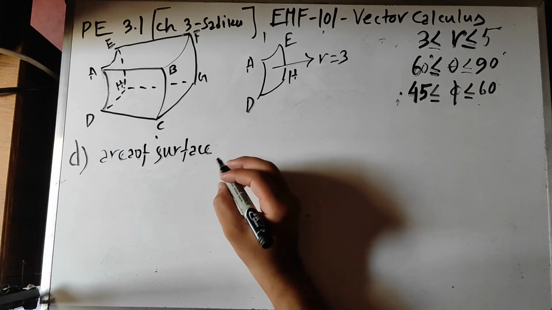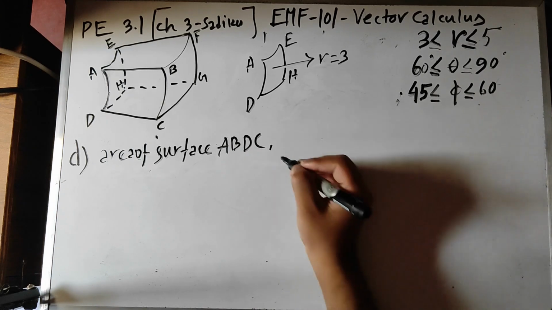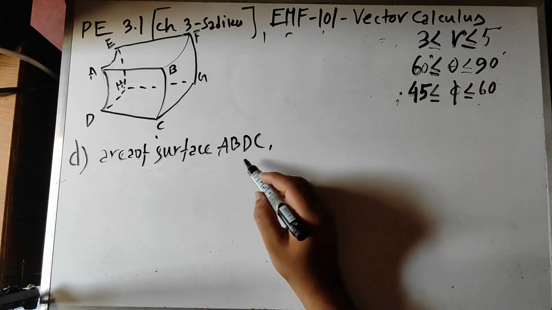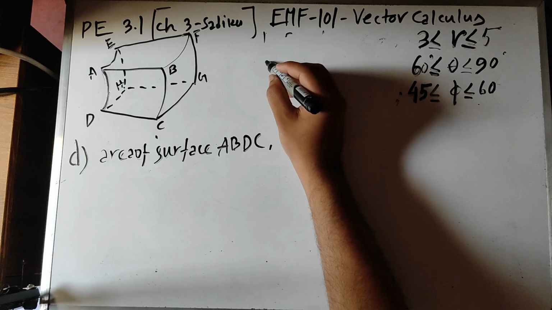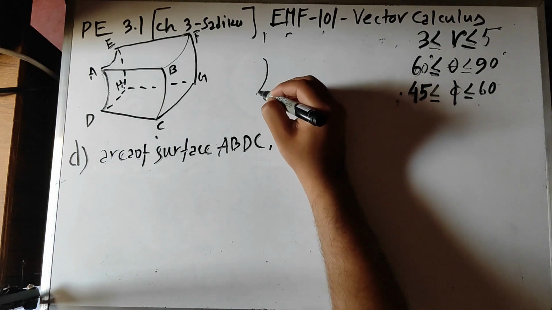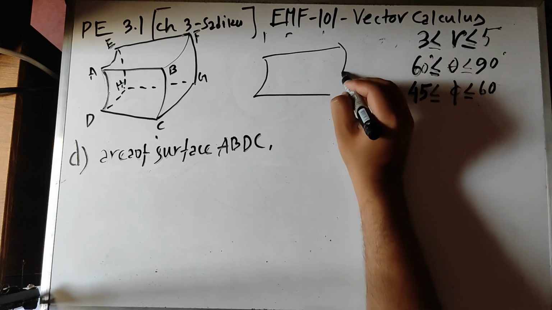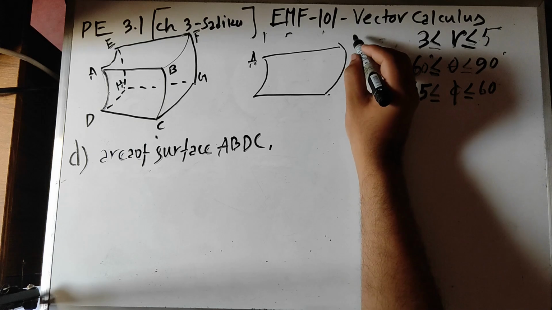So now we have to find the area ABDC. In question D, we have to find the area of the surface ABDC. So this is the surface ABCD.